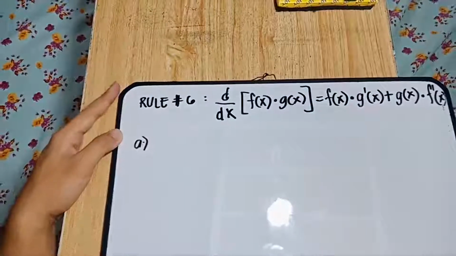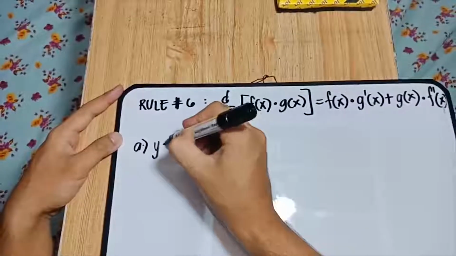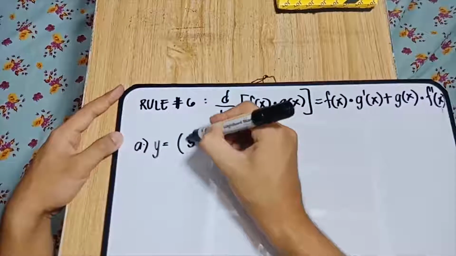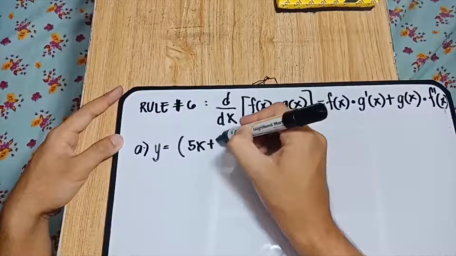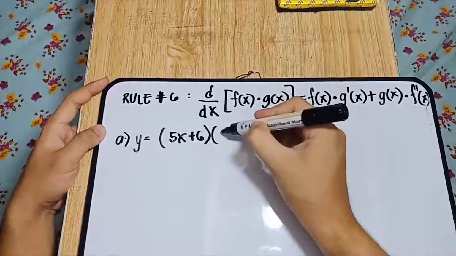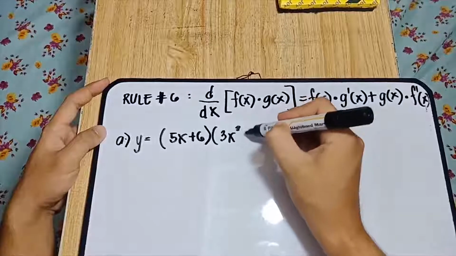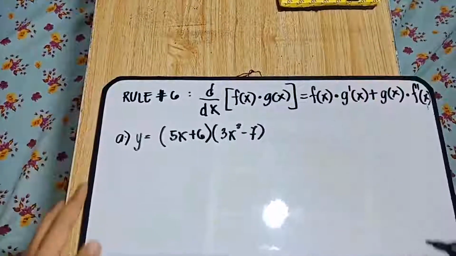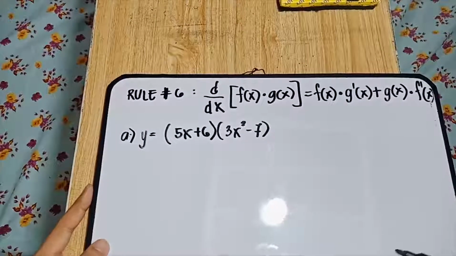Example, letter A. Let's say we have y equals 5x plus 6 multiplied by 3x squared minus 7. Let's say we have this example.